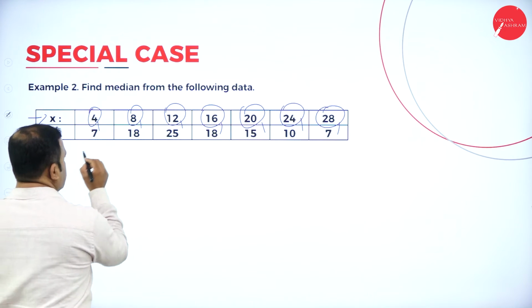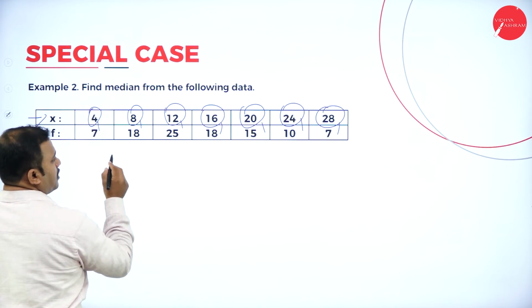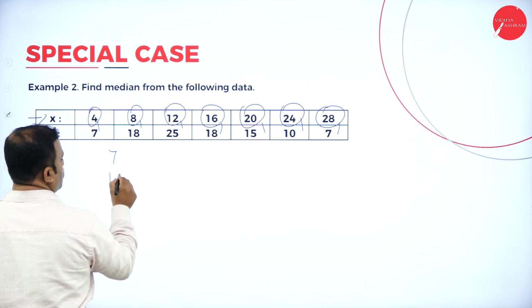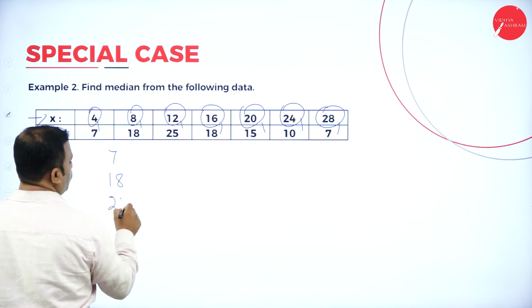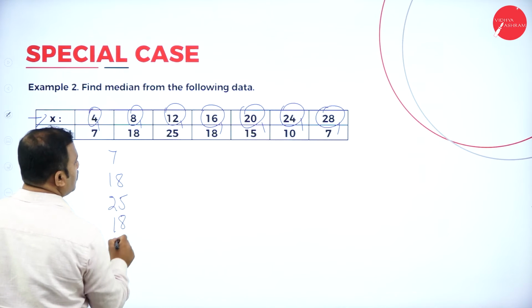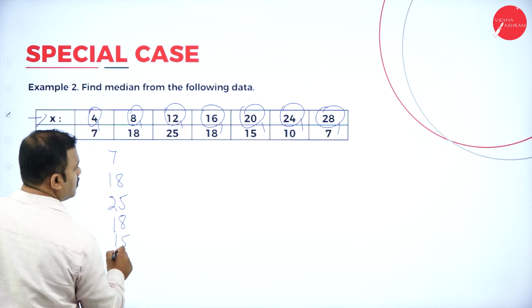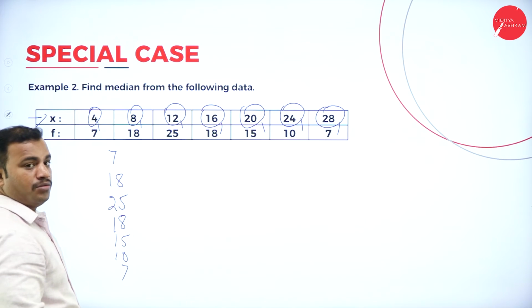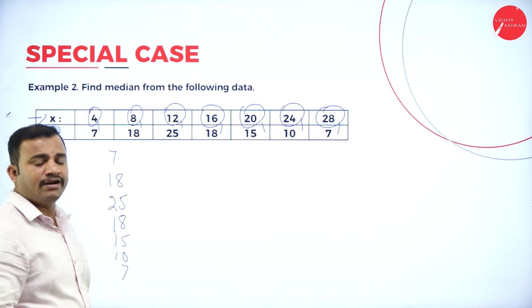Frequencies are 7, 18, 25, 28, 15, 10, 7. These are the frequencies.